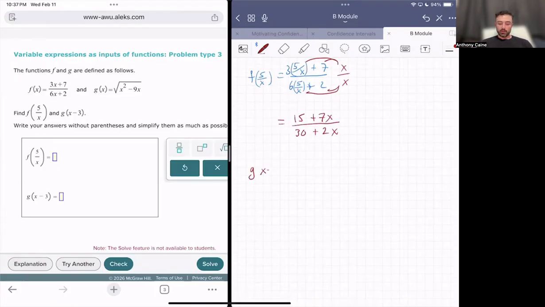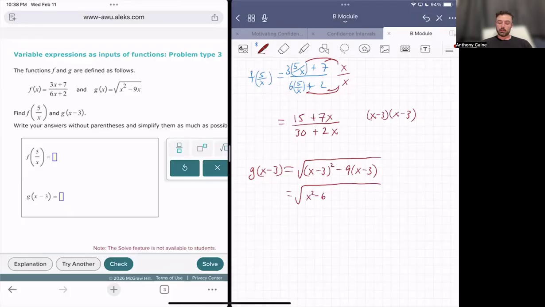Okay, g of x minus 3 is the square root of x minus 3 squared minus 9 times x minus 3. So that's the square root of, and now remember you have to actually FOIL this, right? So x minus 3 times x minus 3, and so then you're going to get x squared minus 6x plus 9.